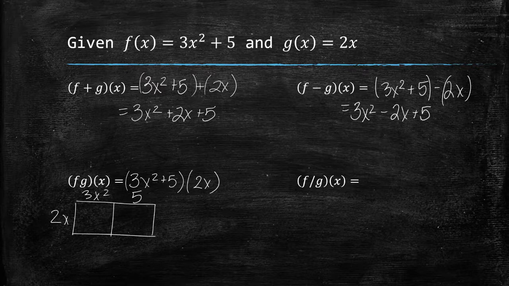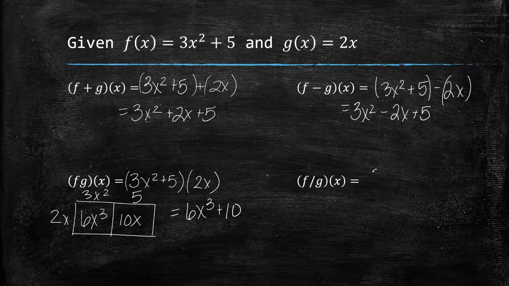Again, generally you have more parts, but it helps you keep your pieces together. So this would be 6x cubed plus 10x. Remember that when we have a binomial and a binomial or a trinomial, the box can help you keep your pieces in order and combine your like terms correctly.